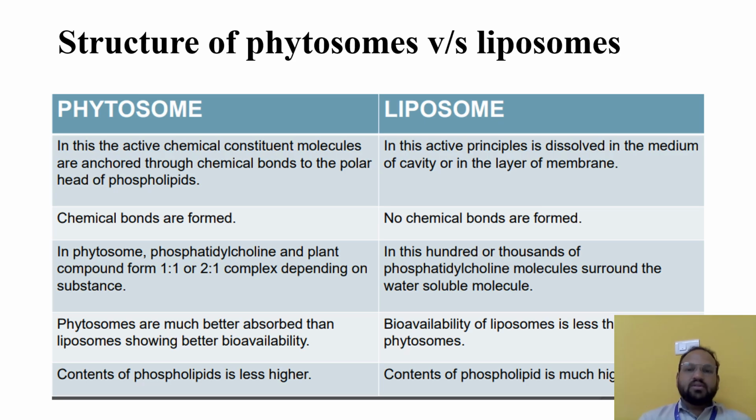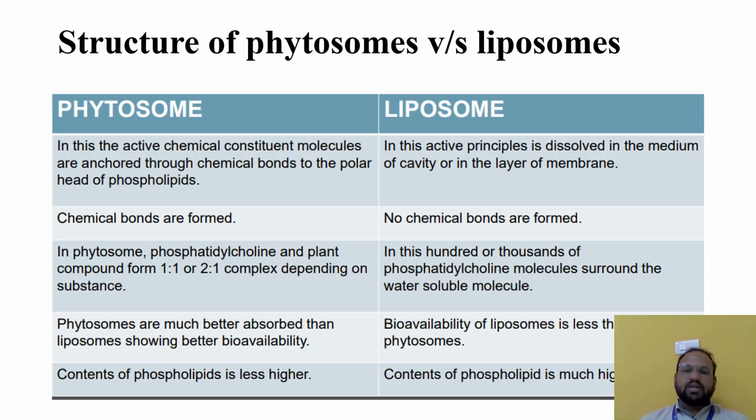Next, let us know the difference between the phytosome and the liposome. Why is it known as phytosome, and why liposome? In phytosome, the active chemical constituent molecules are anchored through chemical bonds to the polar heads of the phospholipids. Whereas in liposomes, the active principle is dissolved in the medium of the cavity or in the layer of the membrane, so there is no formation of any chemical bonds. In phytosomes, phosphatidylcholine and plant compounds form a 1:1 or 2:1 complex depending on the substrate.